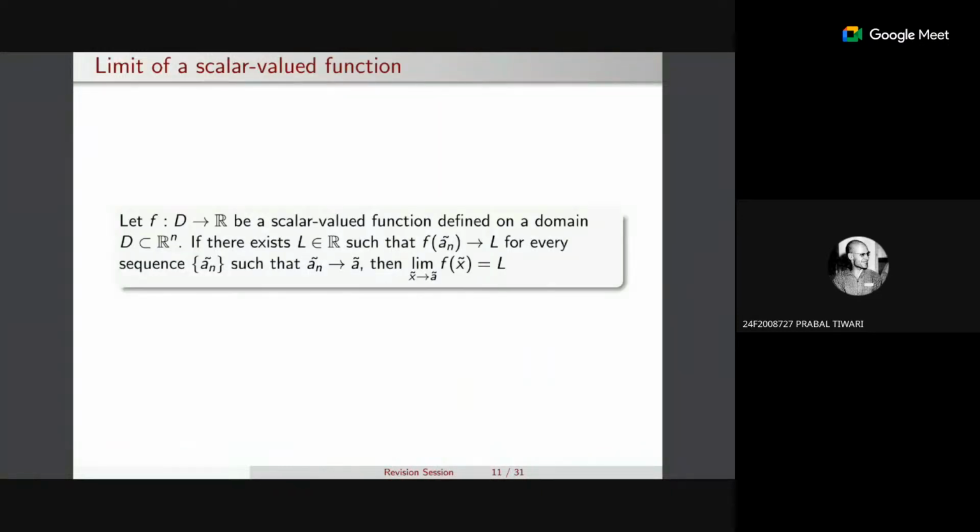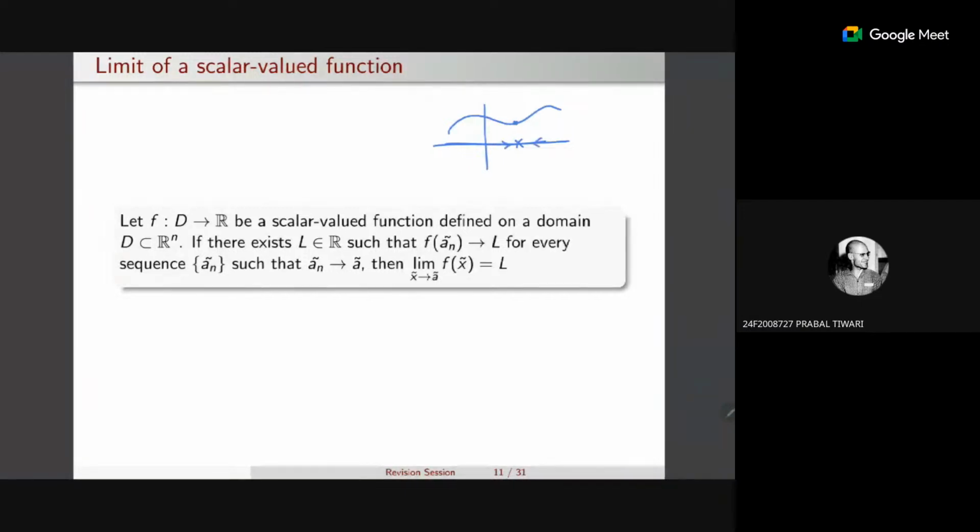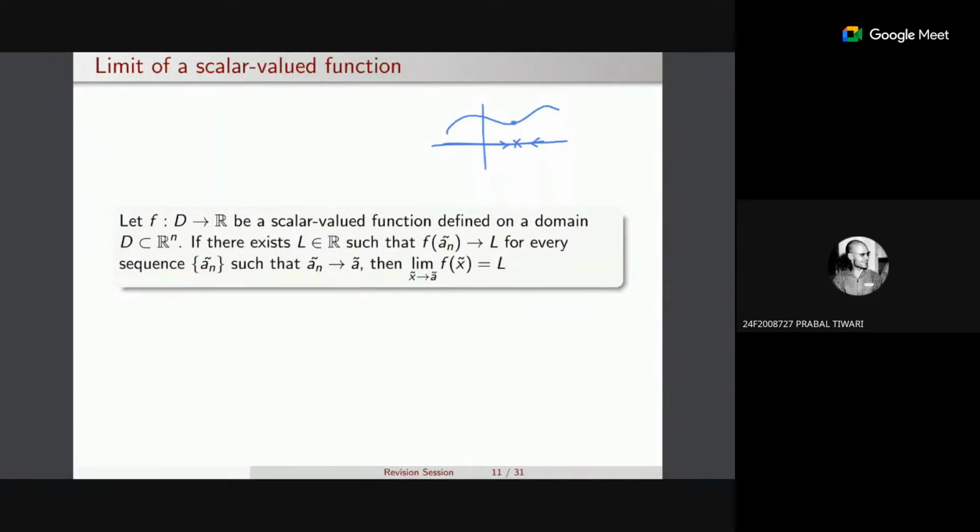So next, we look at scalar valued functions defined on domains, the limit. In one variable, you know that if you want to check continuity at a point, the domain is a line, meaning you can approach it from only two directions, one the negative of the other.